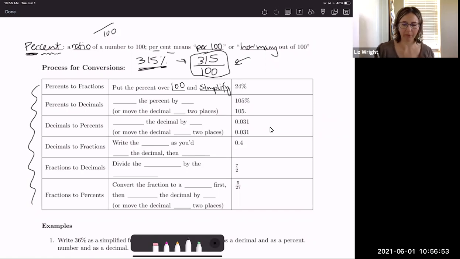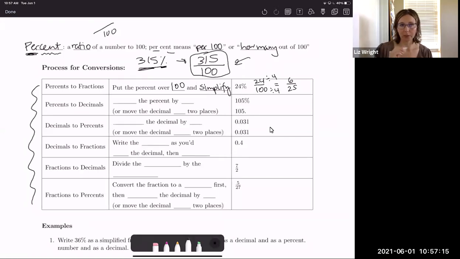Sometimes you don't have to simplify. So like 24%, that would be 24 over 100. And then we would reduce that, and that would give us 6 over 25, because again, we're dividing by 4, divide by 4, and that's going to give us 6 over 25 as a simplified fraction.